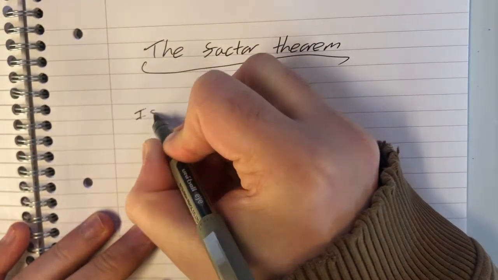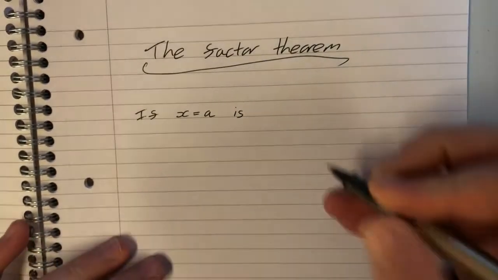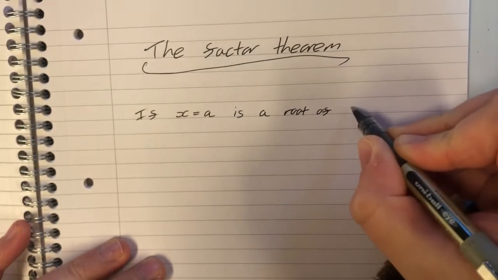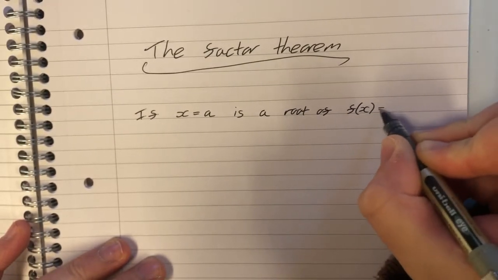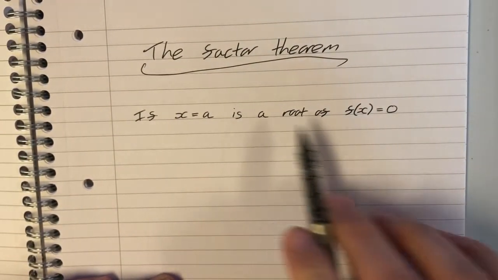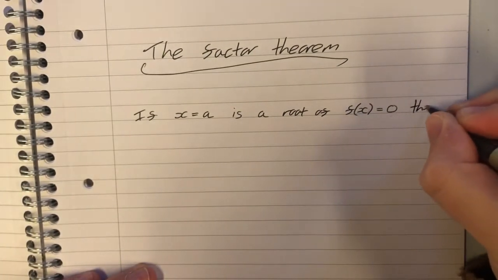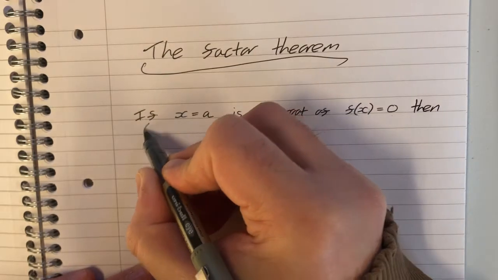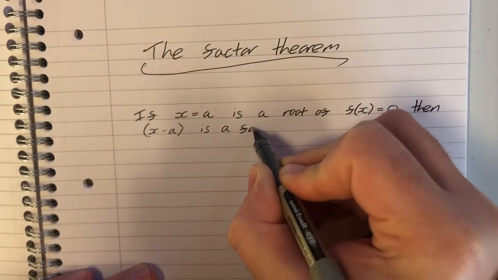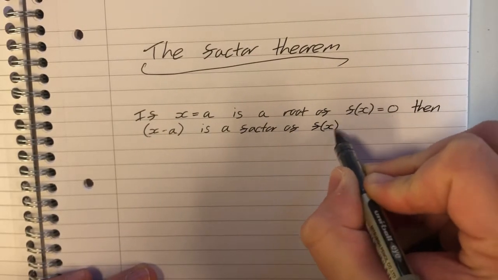It says if x equals a, for any number a, is a root of f of x equals 0, i.e. if you plug in x is equal to this number into this function and you get 0 out, then x minus a is a factor of f of x.